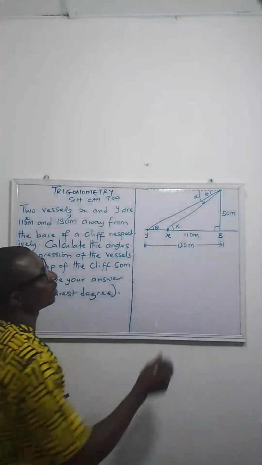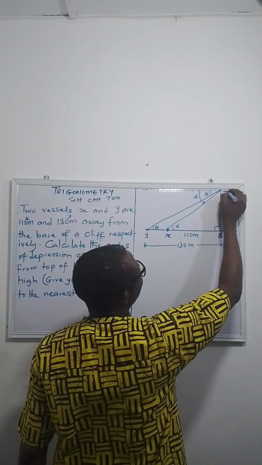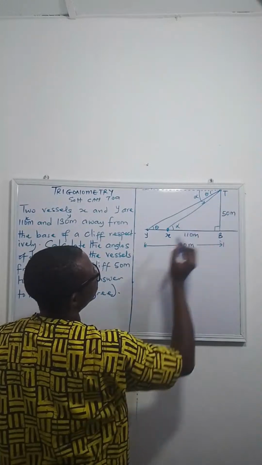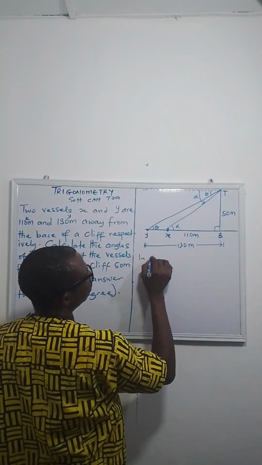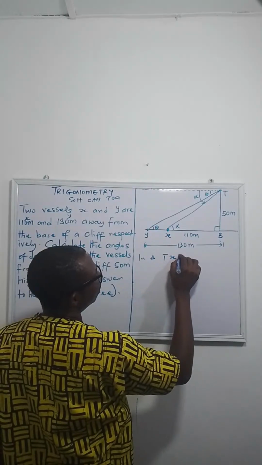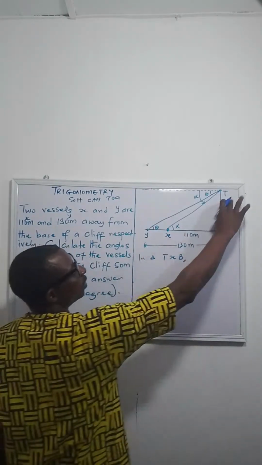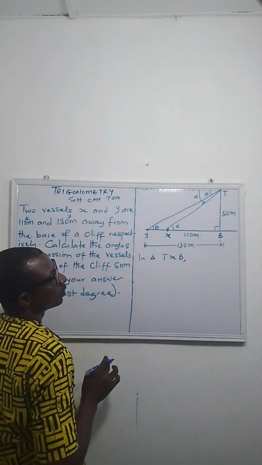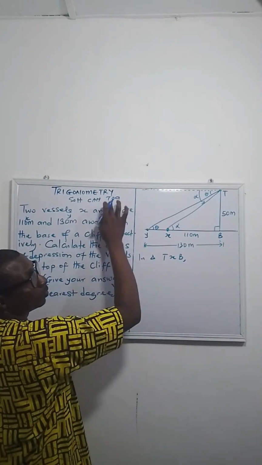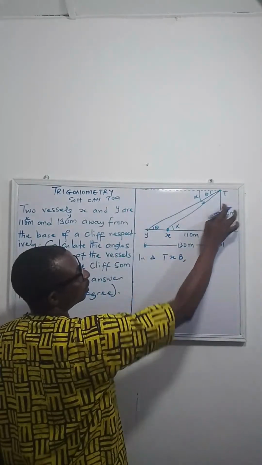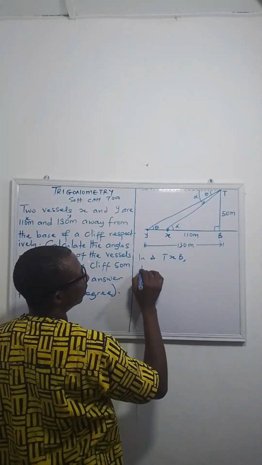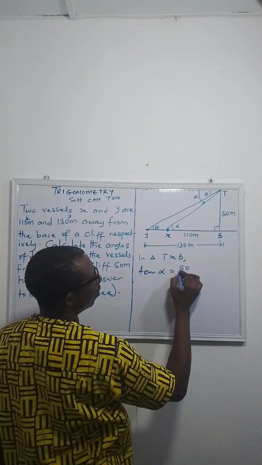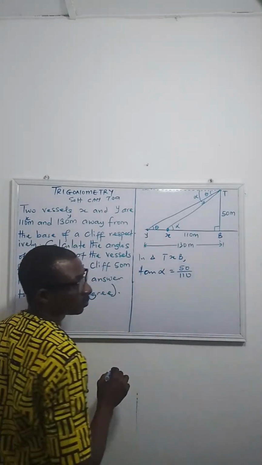All right, so let's look at this angle. Let's call this place T. So we can look at triangle TXB. Look at this triangle. This is the opposite, this adjacent, and this hypotenuse. XT is the hypotenuse. So I'm going to be making use of TOA, opposite over adjacent. So I have tan alpha equals opposite, that's 50, over adjacent, that's 110.